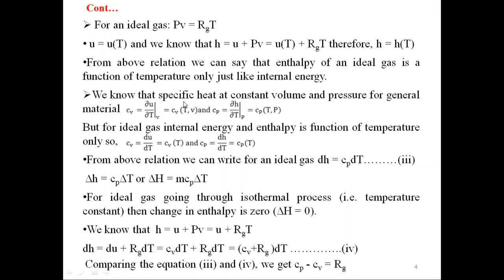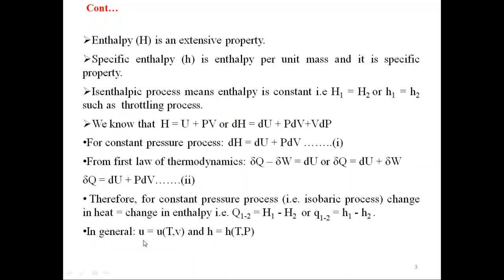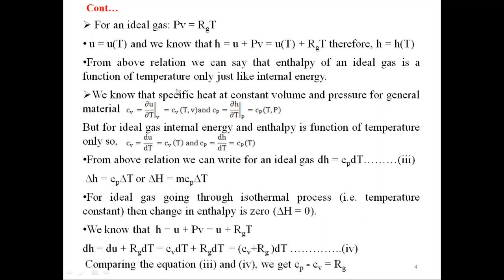Now we know the specific heats at constant volume and pressure for a general material. We can write Cv is equal to the partial derivative of U with respect to temperature, keeping the volume constant. As I have already told you, U is a function of temperature and volume, so this Cv will also be a function of temperature and volume.